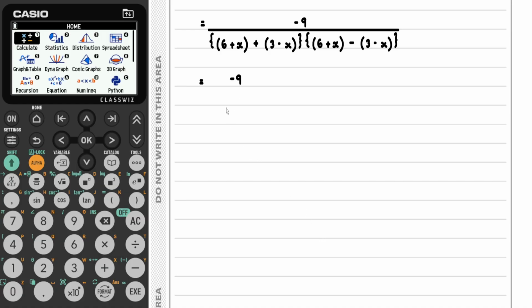So we've got negative 9 over, now here, 6 plus x plus 3 subtract x is 9, and 6 plus x subtract 3 subtract x, that's 2x plus 3. So we've got negative 9 over 9 times (2x plus 3). And this simplifies to negative 1 over 2x plus 3, which is what we wanted to show.